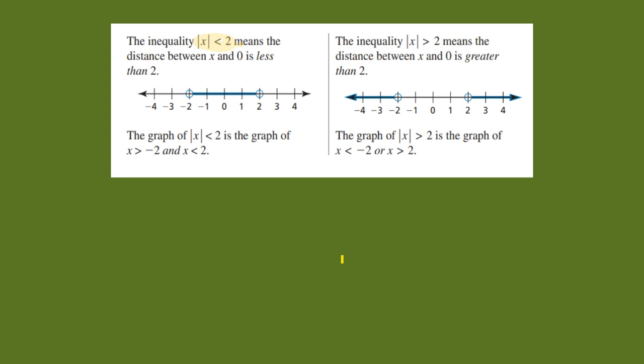If you have the less than or the less than or equal to sign, you remember a compound? What was a compound? We have "and" and "or." When it's less than or less than or equal to, we're going to use "and."